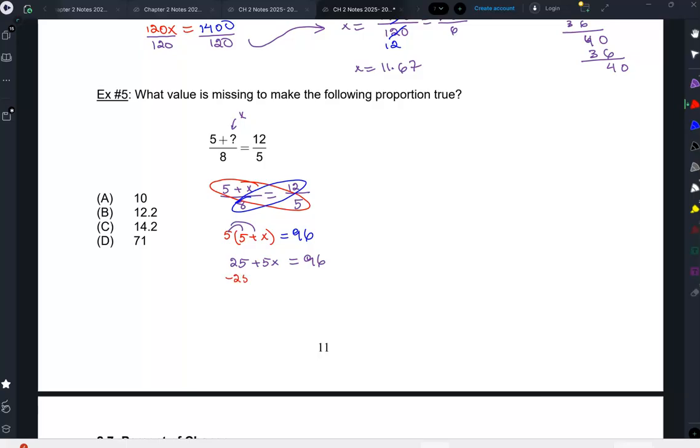Minus 25, minus 25. 5x is 71. Divide by 5, divide by 5. And then x will be 14.2 actually. So it's this one, C. Okay? All right. So with that, let's get started on some homework.